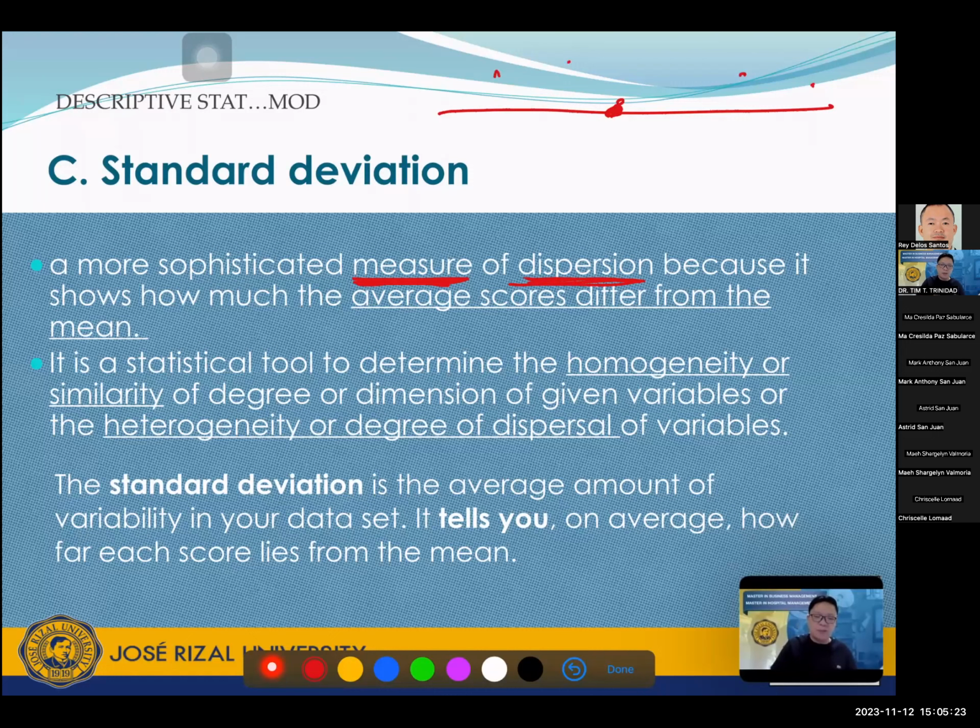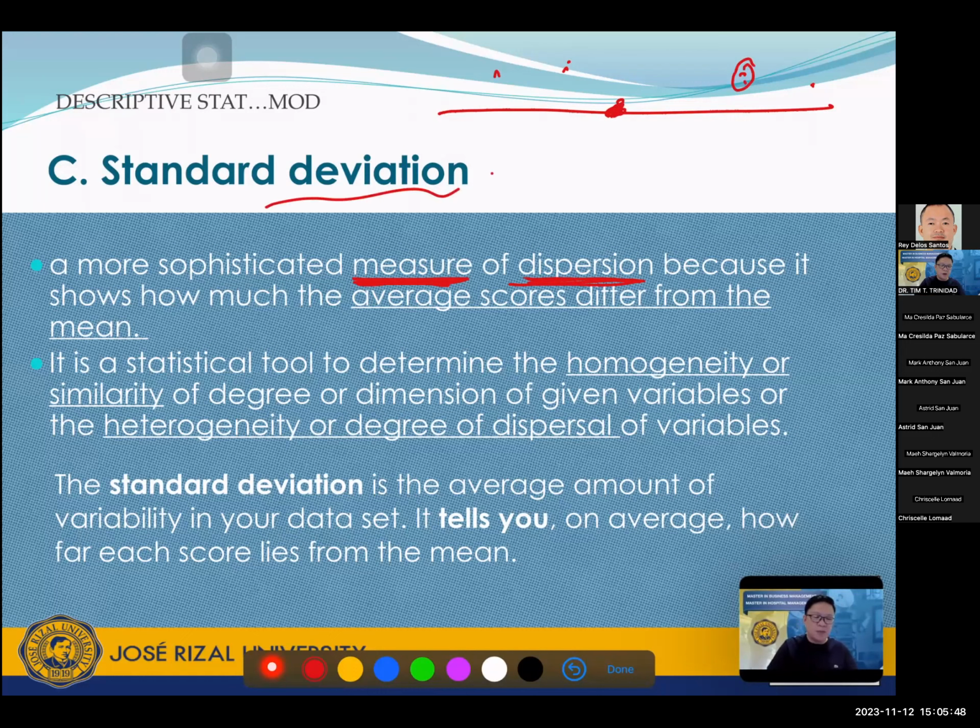Okay? Pero pag tinanong ko yung value, gaano ka kalayo from the center? I'm 1 kilometer away, 2 kilometers away, 3 kilometers away. Your variance cannot answer that. But your standard deviation can answer a specific value, how far your data or your score is from the middle.